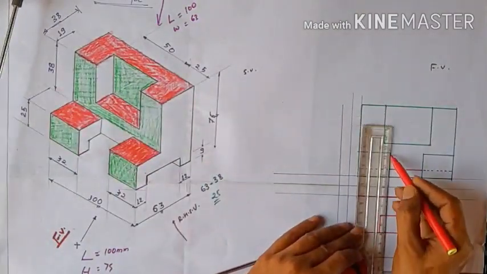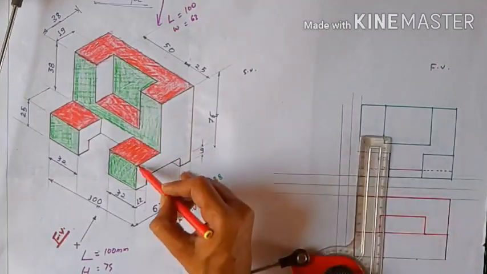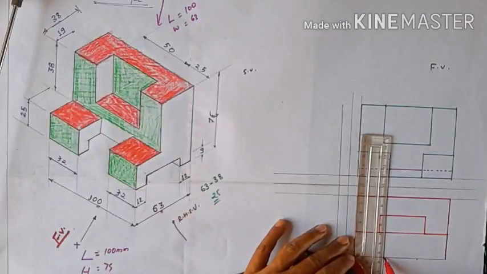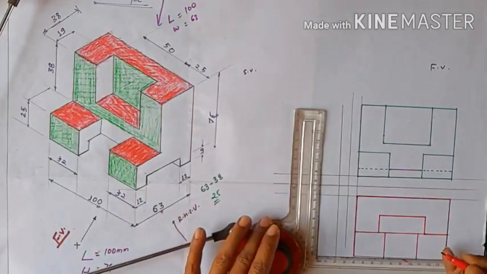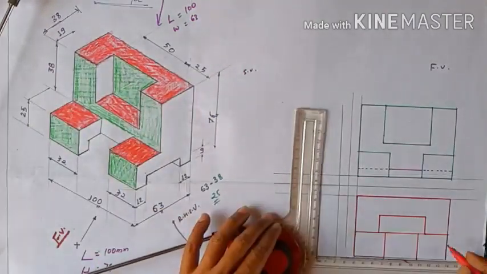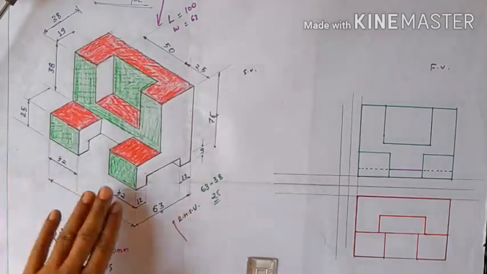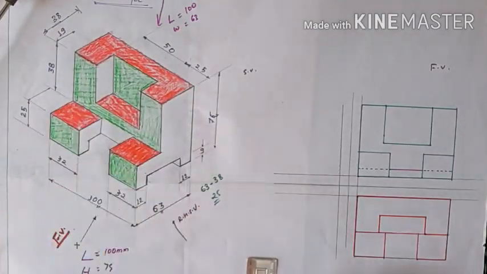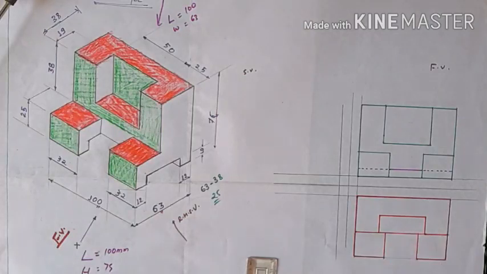We put this line straight, mark here again, and draw the complete line, 25 mm. From below this is a complete box, the red box, 32 and 25. Again this is 32 and 25, and this is a gap because there is nothing to show here. So remove this line, and your front view looks completely like this.